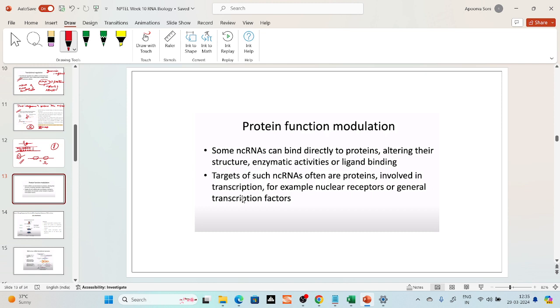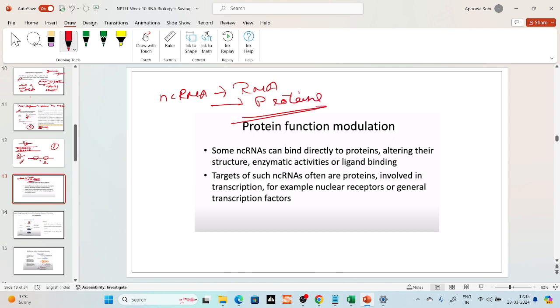Mostly, we have also seen one example where the translation is getting positively regulated, it is getting upregulated. But what protein function modulation says is that non-coding RNAs not only bind to RNA, they can also bind to proteins.